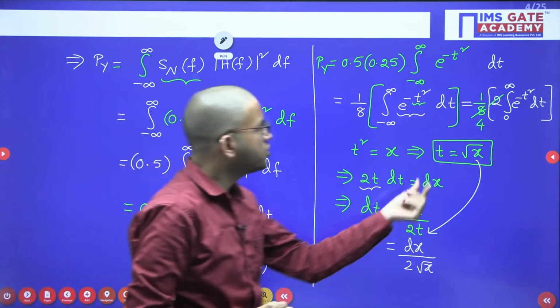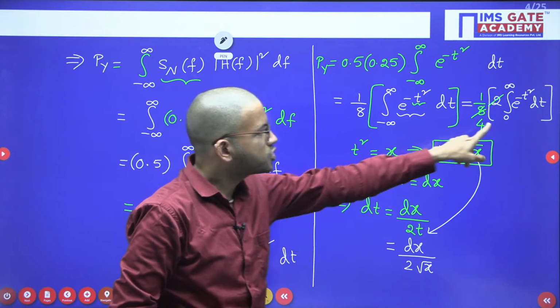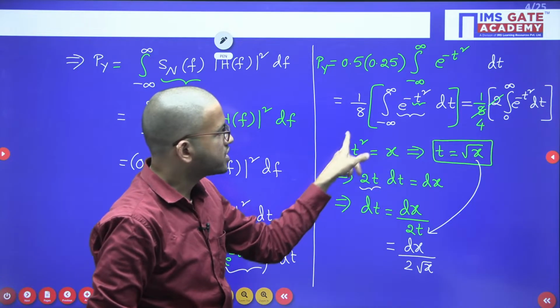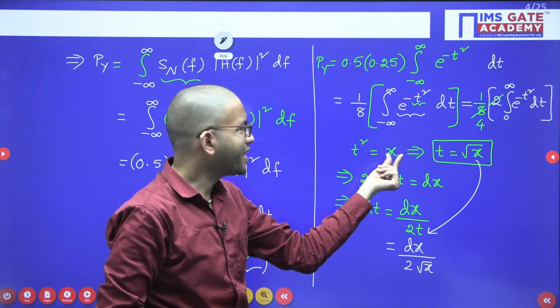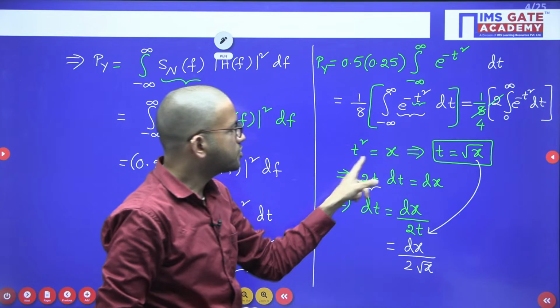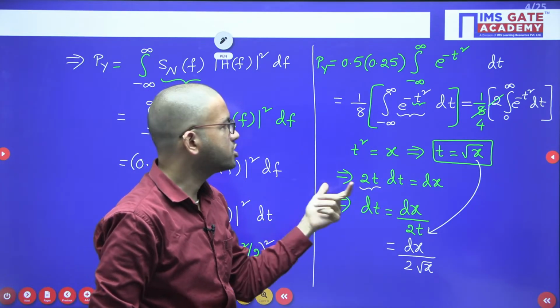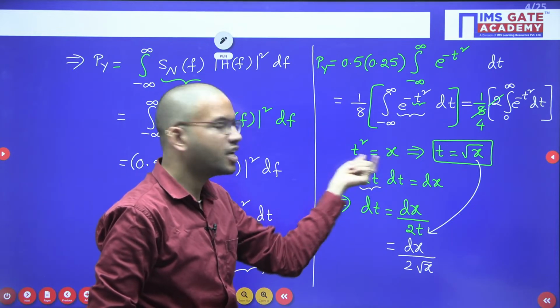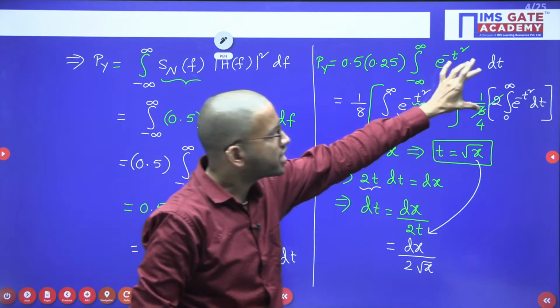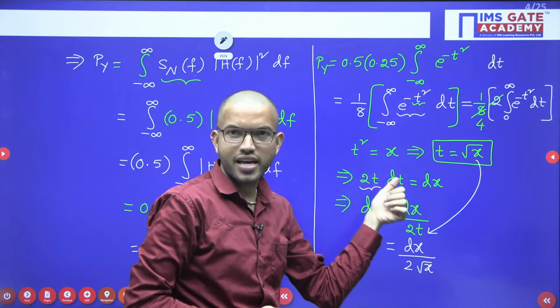So you can substitute in place of t the lower limit. 0 square is nothing but 0. So that means the x value is also 0. Similarly, in place of t, substitute the upper limit, infinity square, that means obviously a very large value. So the x value becomes infinity. So that means whatever limits you have for t, the same limits you are going to get for x as well, right?